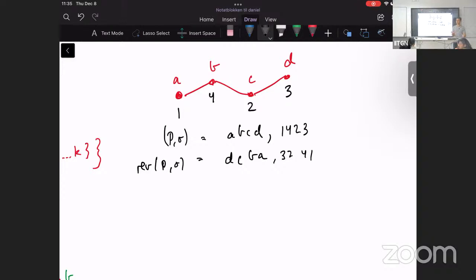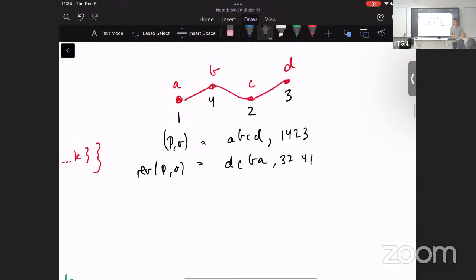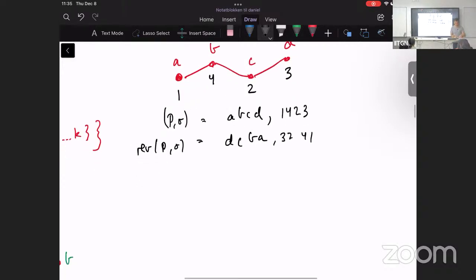In this example, can you just explain what is this S of P comma sigma and how do you recover the path? So S of P sigma, yes. Let me call this the reverse. This was Q sigma prime, right?